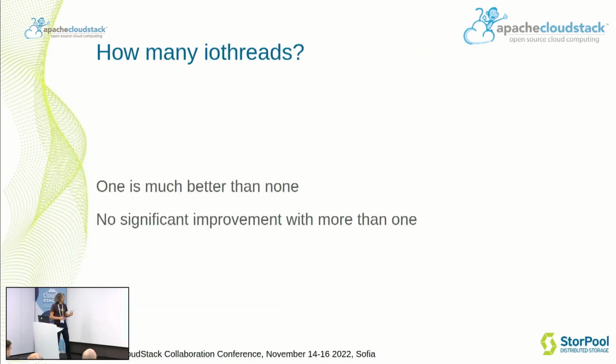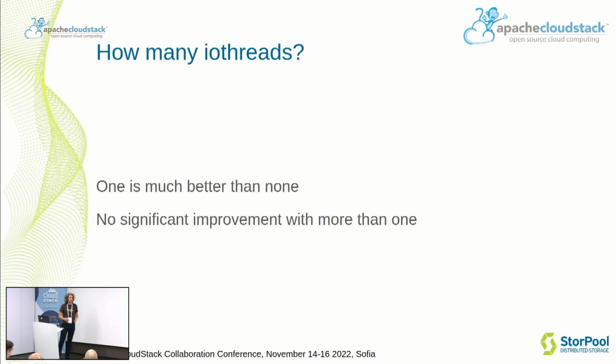One question: how many iothreads do we need? I don't think there is a definitive answer to this, but our experience is that one iothread is much better compared to no iothreads at all. And in 99% of the cases, you don't have any performance improvement if you have more than one thread. One thread is probably capable of serving maybe about 100,000 IOPS.